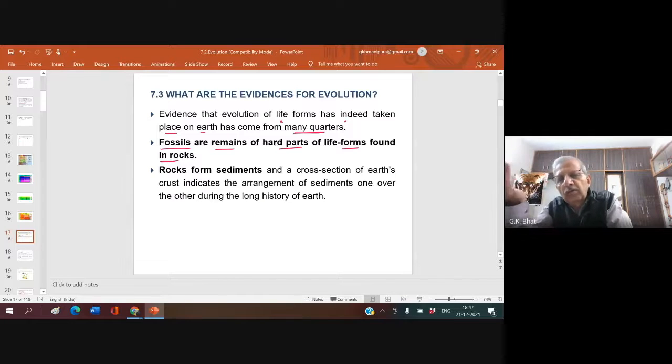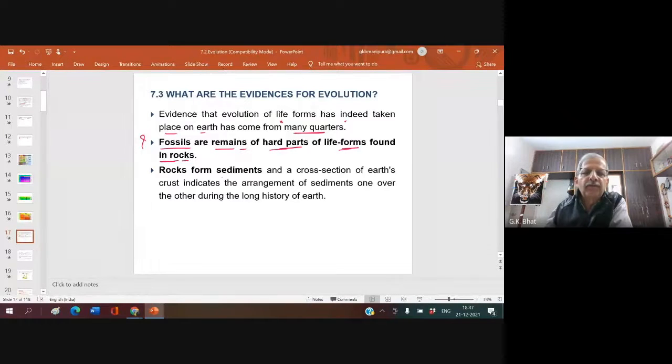For a very long time, dinosaurs ruled this earth. If you ask me, sir, what is the proof for that? I will show my finger towards a fossil. Always ask the question, what are fossils? Fossils are the remains of the hard parts of life forms found in the rocks. They are the dead remains of plants and animals which lived in the past.